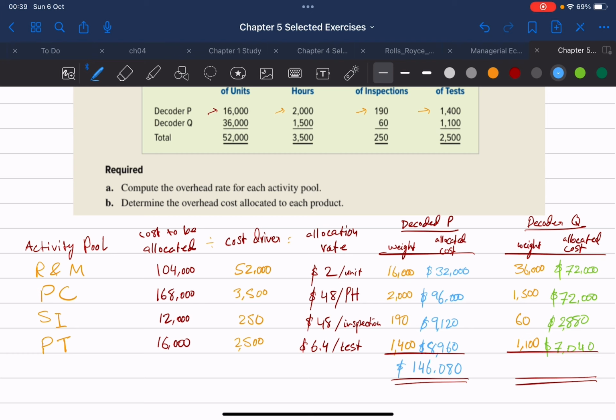For decoder Q, 72,000 plus another 72,000 plus 2,880 plus $7,040. And that will give us $153,920.